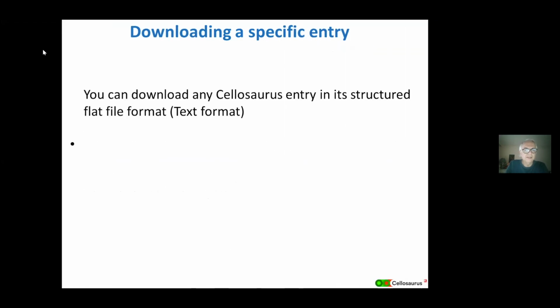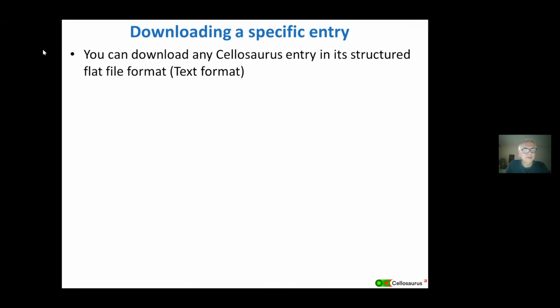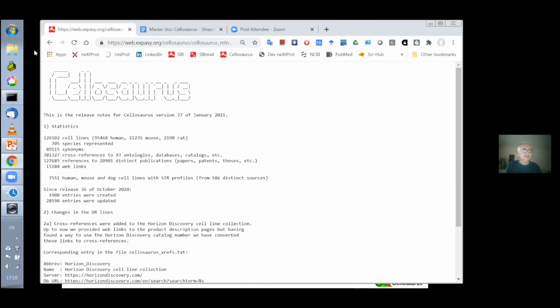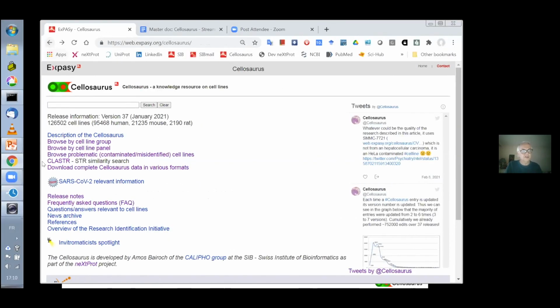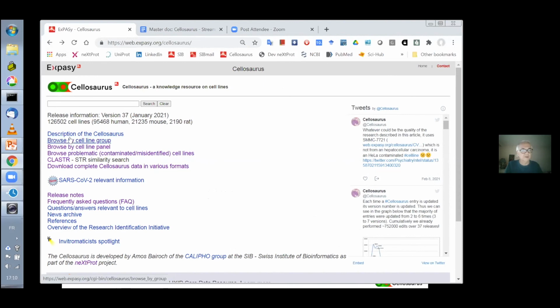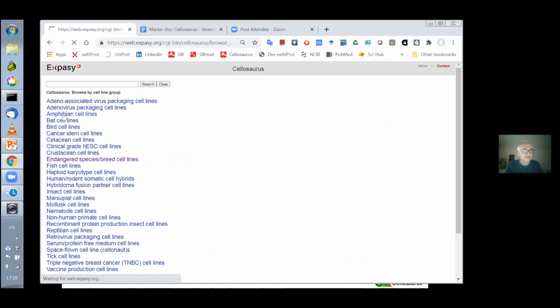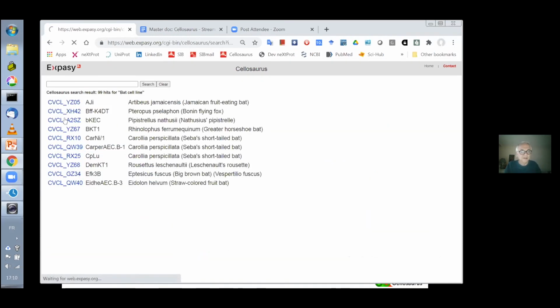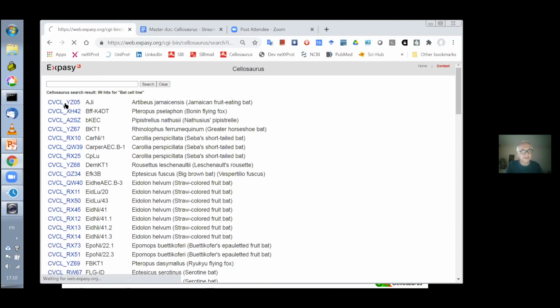Now, one thing you may wonder is, what you can do also, and I will show you this directly, if you're inside an entry and you don't want to download all of the Cellosaurus, but just one cell line or more than one. Let's select this cell line.